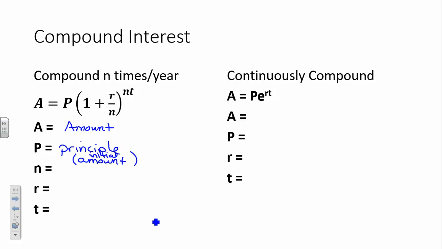N is the number of times that we're accruing interest per year. R is your rate, your interest rate as a decimal, not as a percent, and t is the number of years, time in years.